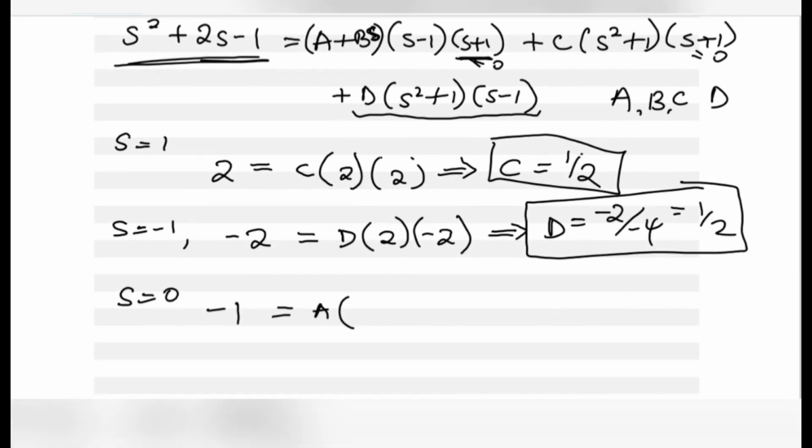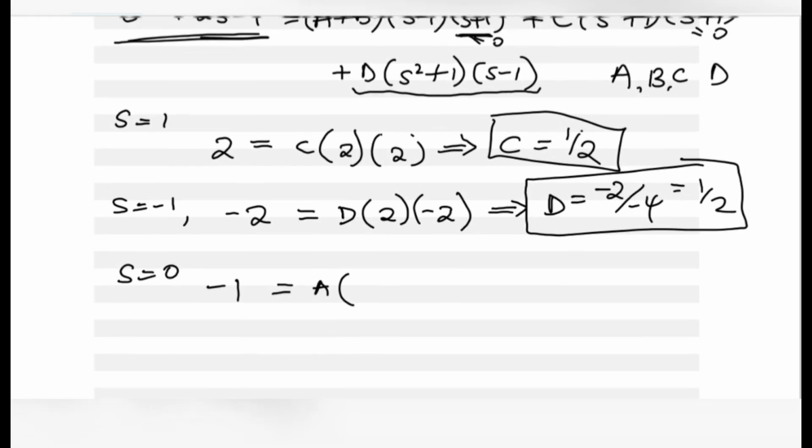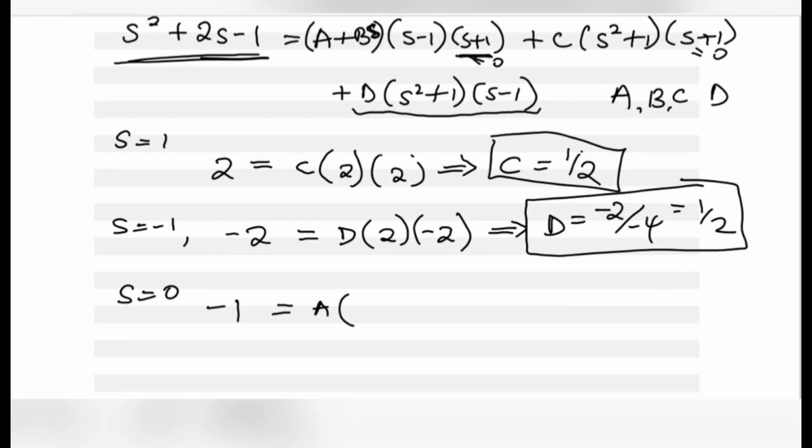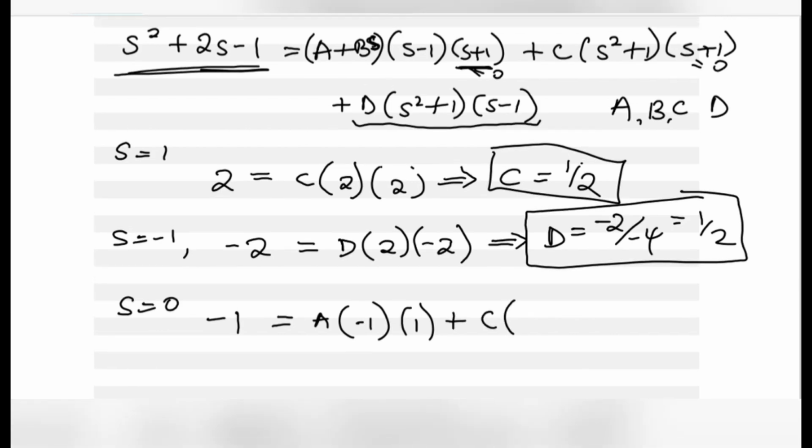Okay, so if s is 0, you can see that this will be 0, so we're going to have a into -1 and 1 plus c into 1 1 plus d into 1 -1.